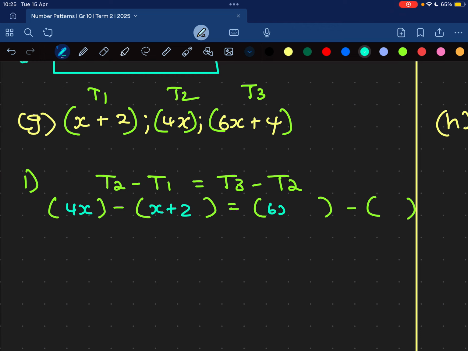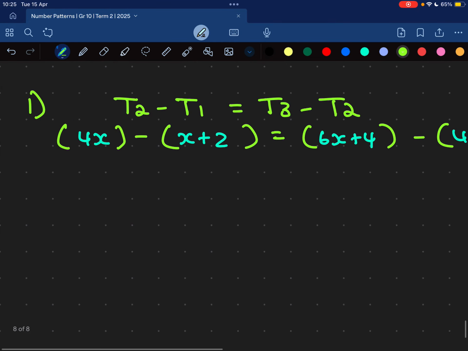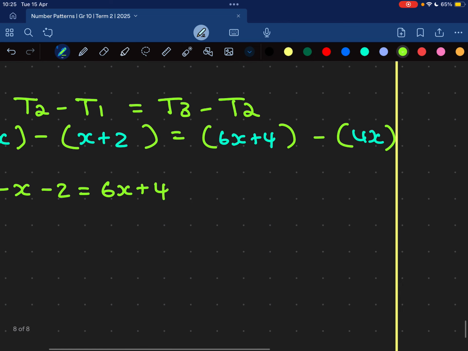T3 is 6x plus 4, and T2 is 4x. Okay, then let's continue solving. So I'll have 4x minus x minus 2, which is equal to 6x plus 4 minus 4x.